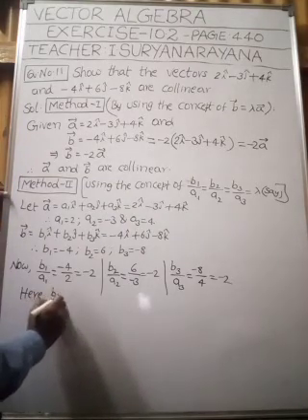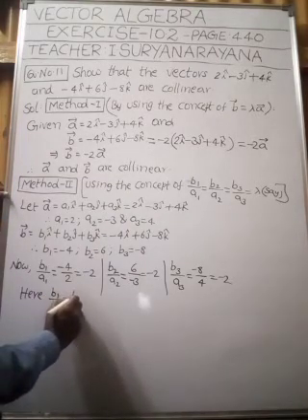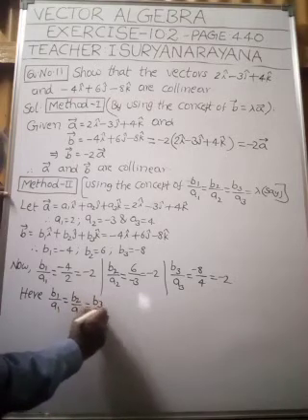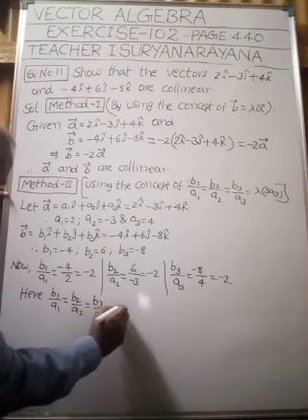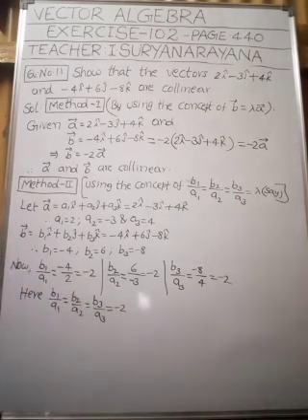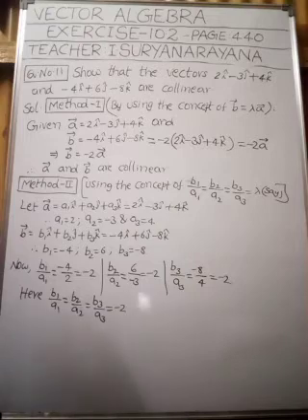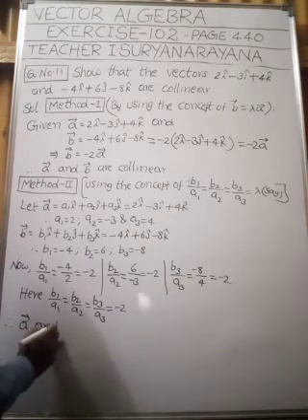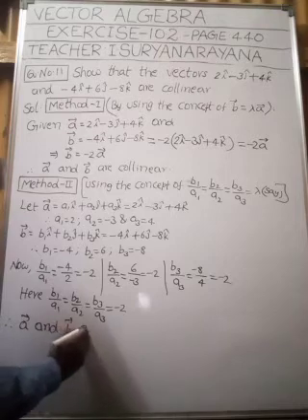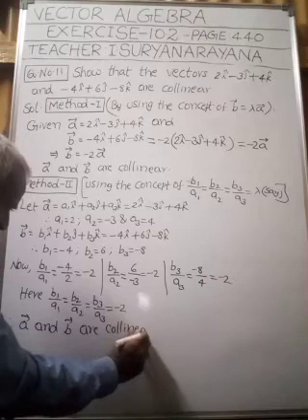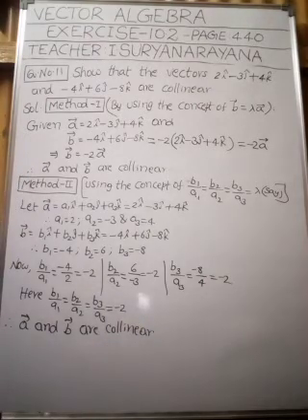Here b1 by a1 is equal to b2 by a2 is equal to b3 by a3 is equal to minus 2. All these three ratios are equal to minus 2. Yes or no, children? Therefore, a bar and b bar are collinear. Understood, my dear children?